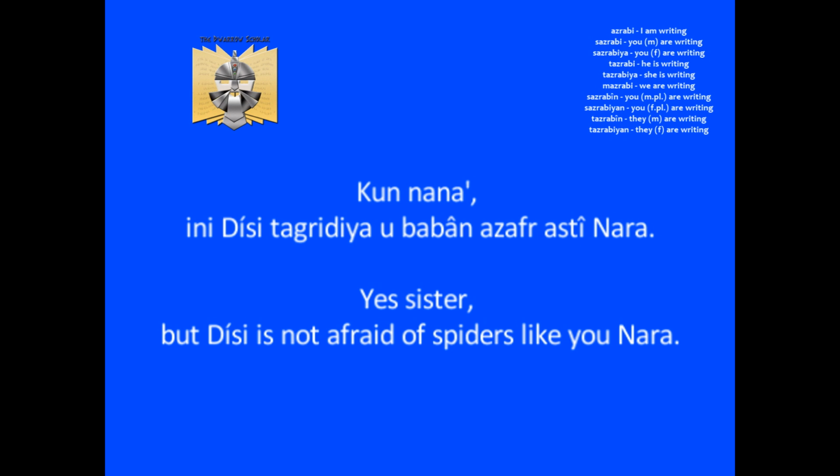The conjugated verb tagradia is the third-person singular female imperfect form of to fear. Hence, we add ta at the start. Remember to add ta for any third person in the imperfect. And we add ia to the ending as a suffix to indicate it is one female we are talking about.